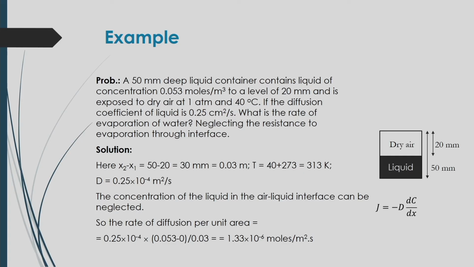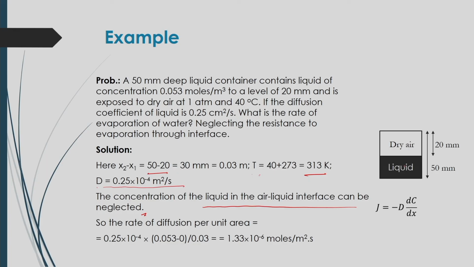This evaporation is basically a diffusion process. So, in this case x2 minus x1 will be equal to 50 minus 20, and also temperature is 313 and the diffusion coefficient is given to you. The concentration of the liquid in the air liquid interface can be neglected because initially there will be no concentration here.